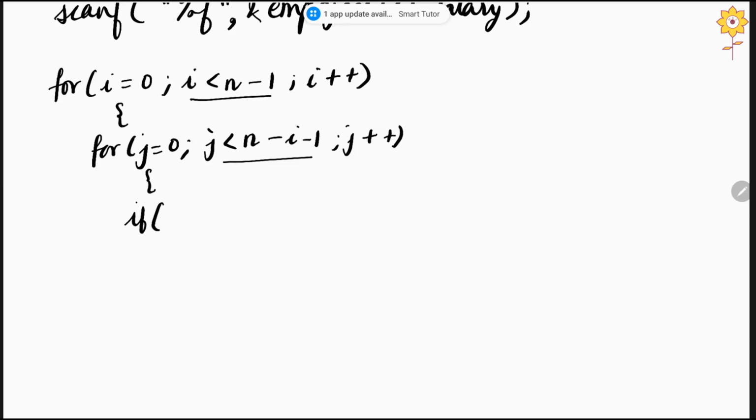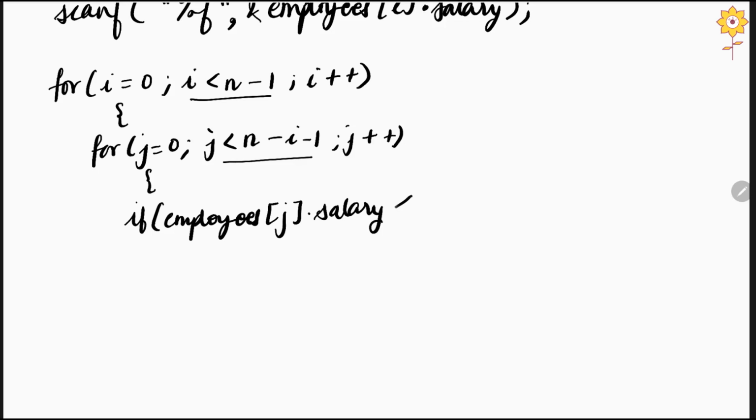So if employees j, now if j is 0, whatever is at 0th instance, if that employee's salary is less than the next employee, how we will get? By incrementing j to 1, j plus 1 salary. In that case we have to swap the salaries.